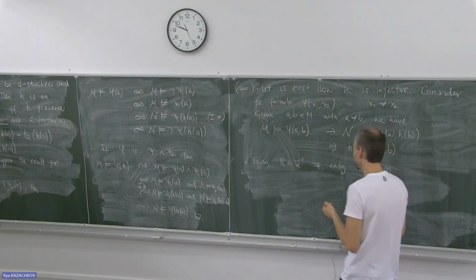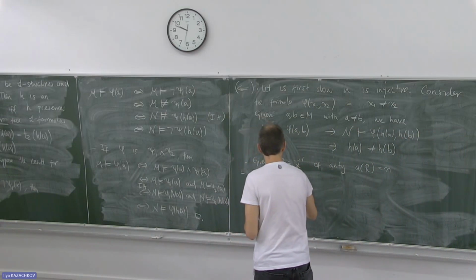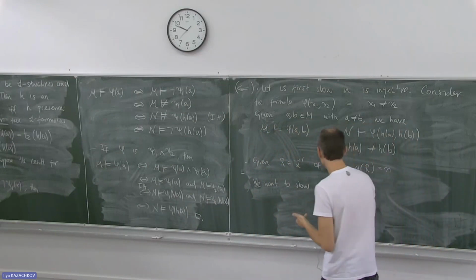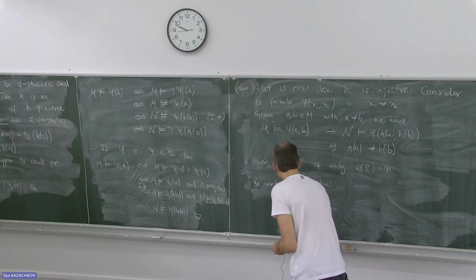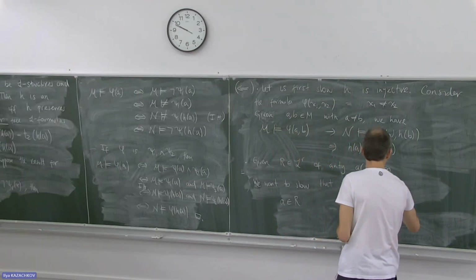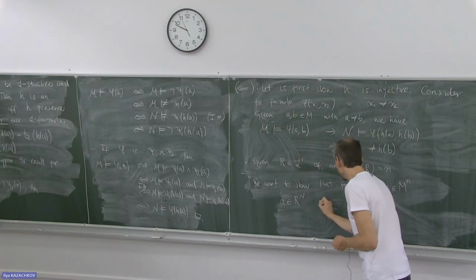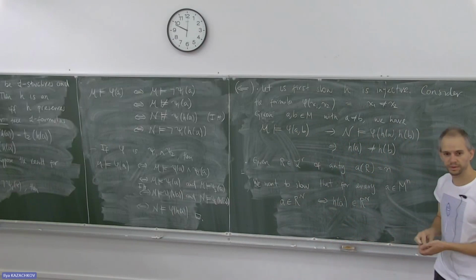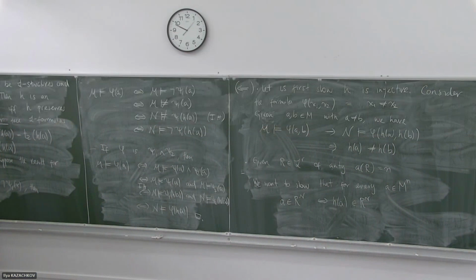We want to show, let me put it like this, that for every A in M to the N, if this is in the relation, then this is an if and only if H of A is in the relation of N. This is what we want to show. So what formula shall we use?